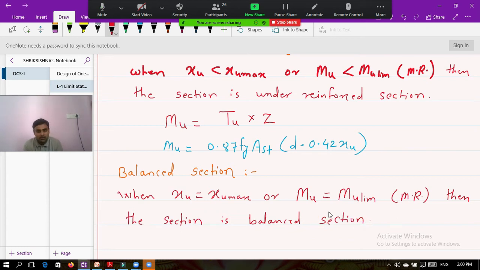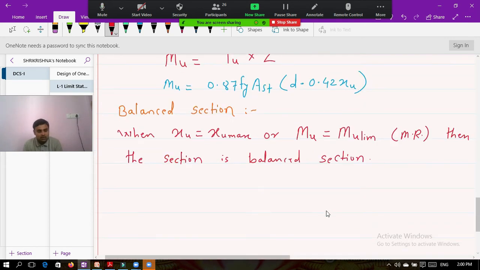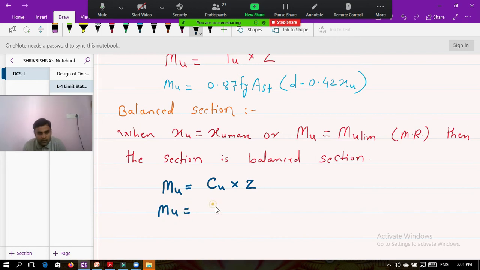Okay. So in the balanced section, you can calculate Mu as Cu into Z. If you want to calculate Mu, then the formula for Mu is Cu into Z. Just look at the formula carefully: Mu is equal to Cu, which is nothing but 0.36 fck b into XU.